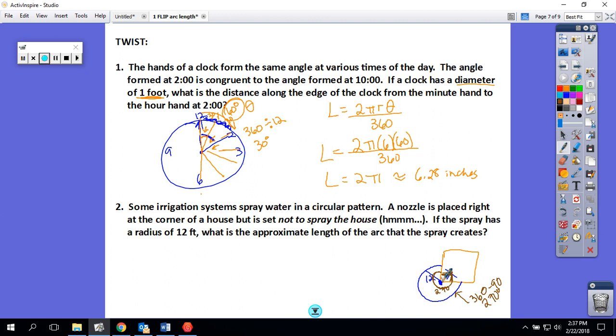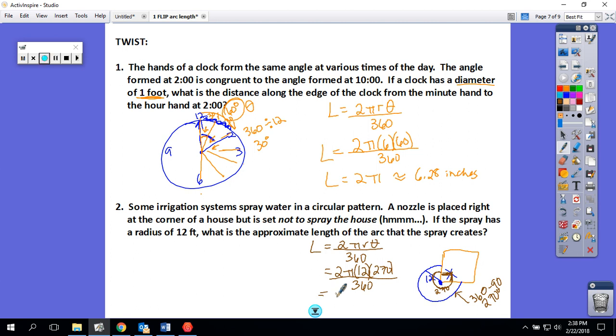Alright, I already have the radius. Now I've got my angle. All I have to do is plug it in. So the length of the arc, again, 2 pi r theta over 360 is going to be 2 times pi times 12 times 270 over 360.